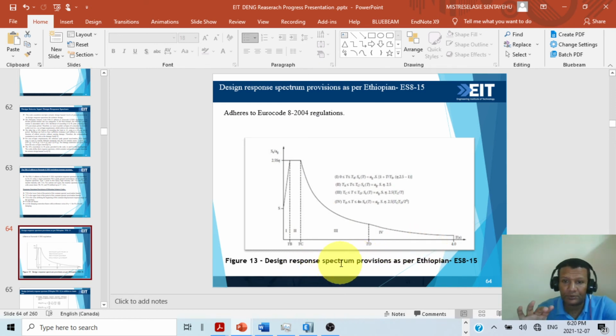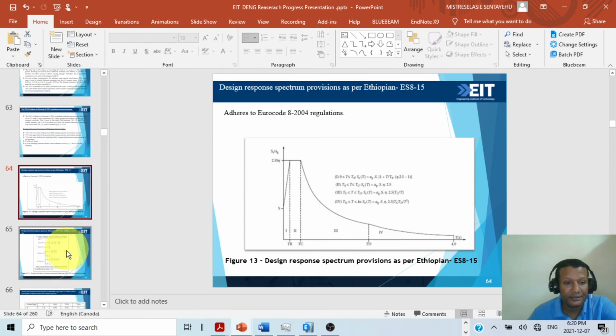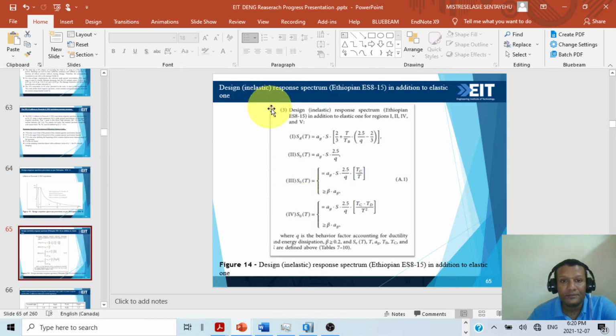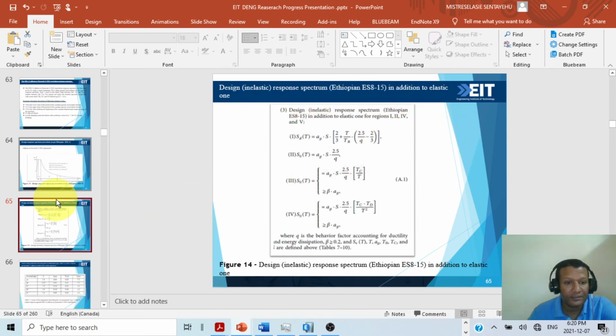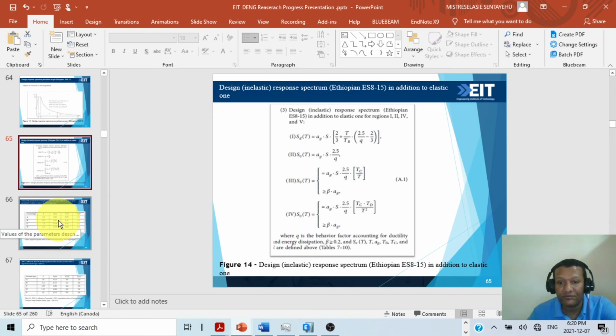So this is our design response spectrum. This is the elastic response spectrum also. This is also inelastic. When it is inelastic, that means we use the code factors: overstrength factors, R factors, Cd factors, I factors are considered. This is for the inelastic response spectrum.